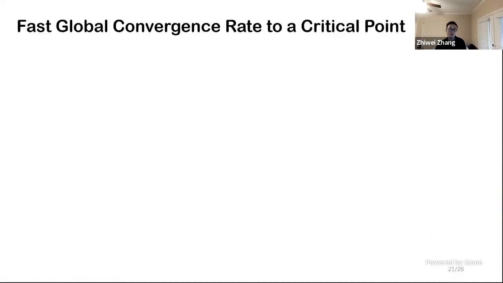I also want to answer the question about how fast can we converge. First of all, I want to emphasize that our framework does not limit anything about which optimizer you should use. You can use any optimizer as long as it solves the constrained polynomial optimization problem.